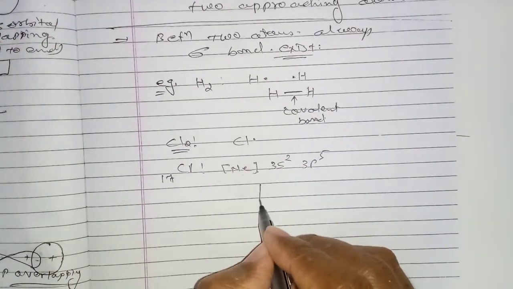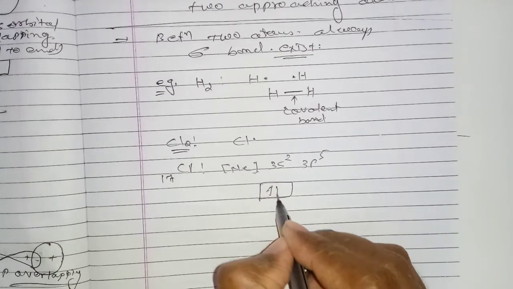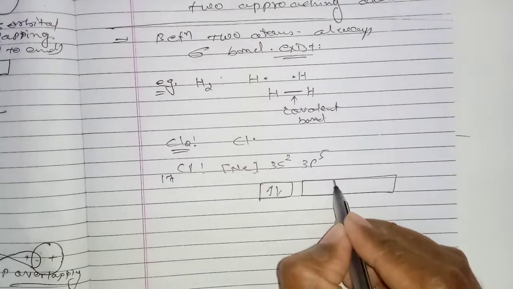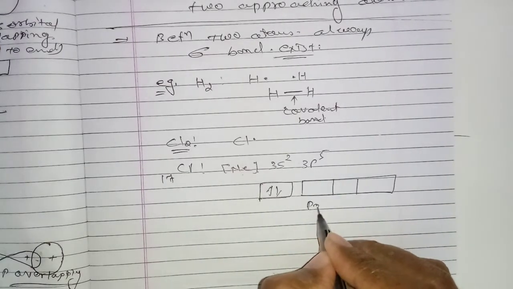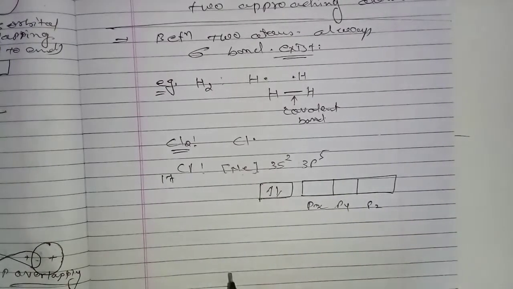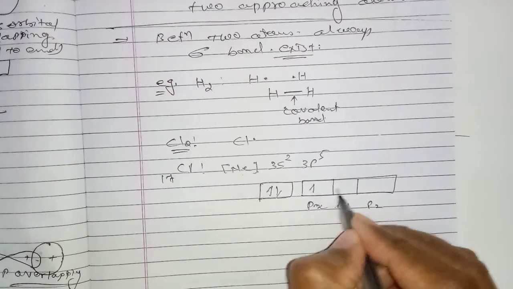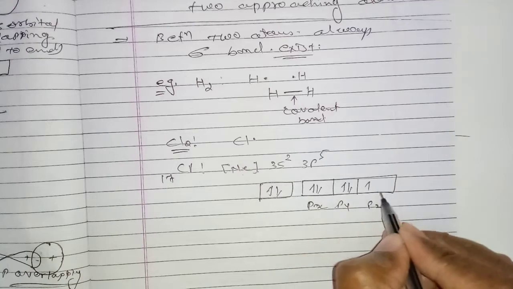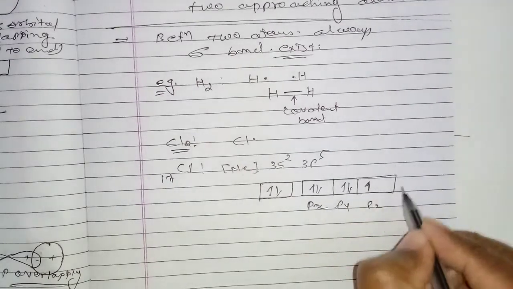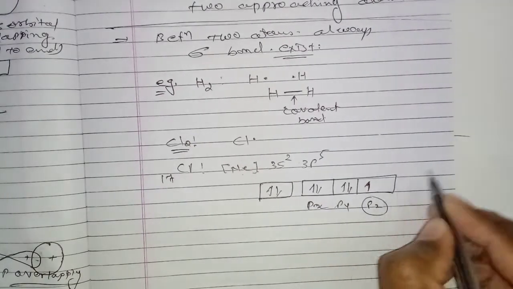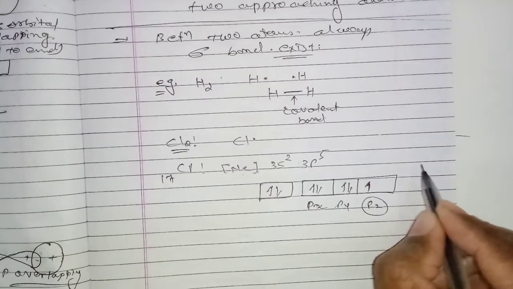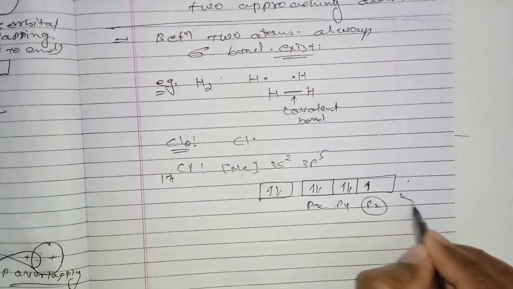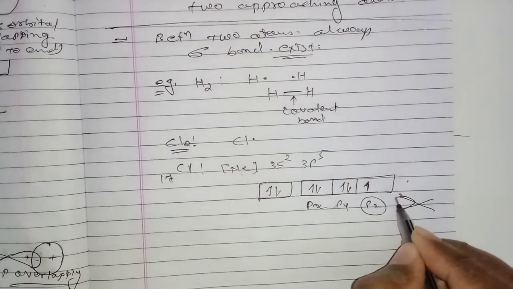In the 3s orbital there are paired electrons, and the 3p orbitals are px, py and pz, with 5 electrons. In the pz orbital, the shape is dumbbell shape.